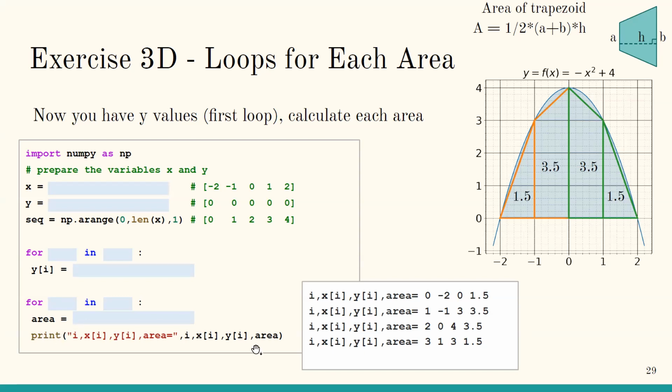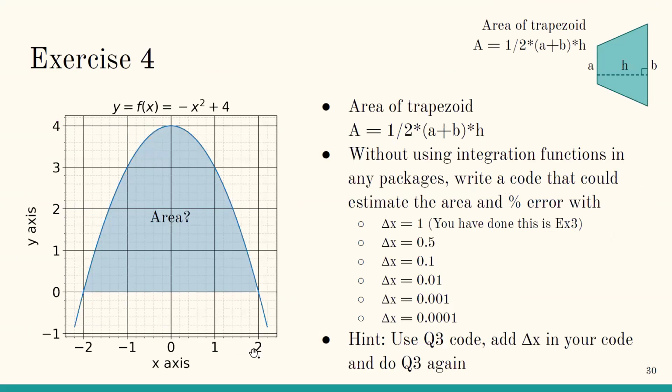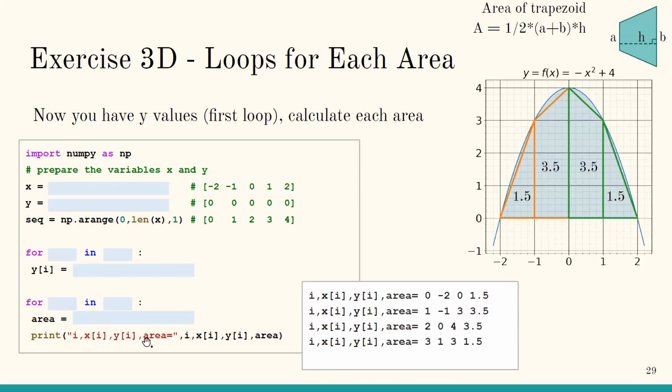Okay. Very simple. So for the fourth one, probably the most difficult exercise that you will be doing. The hint here is to use the code in question 3, but use a representation of delta x. So now delta x is no longer 1, which means that you will have to rewrite this program. Right here, the step is 1. Try to make it as a variable, right? The delta x should not be 1.